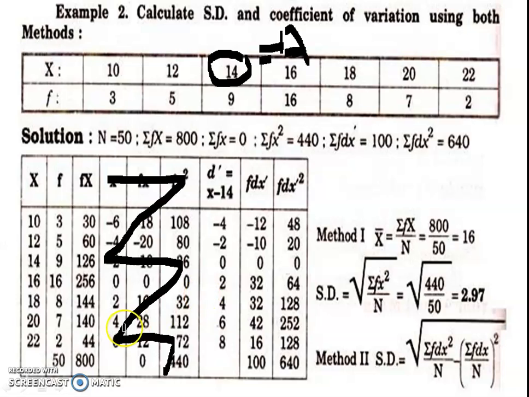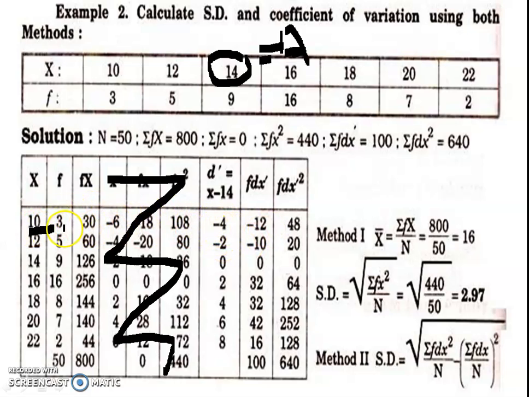Okay students, now d is x minus A. 10 minus 14 is minus 4, 12 minus 14 is minus 2, 14 minus 14 is 0, 16 minus 14 is 2, 18 minus 14 is 4, 20 minus 14 is 6, 22 minus 14 is 8. Now what is f d?